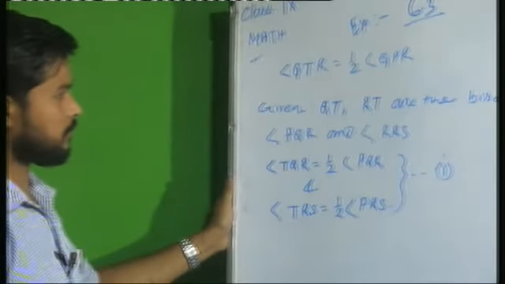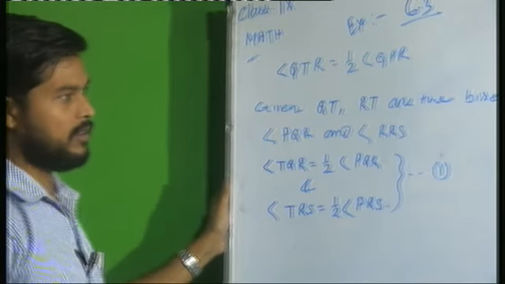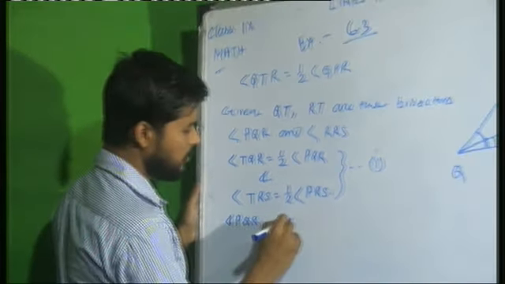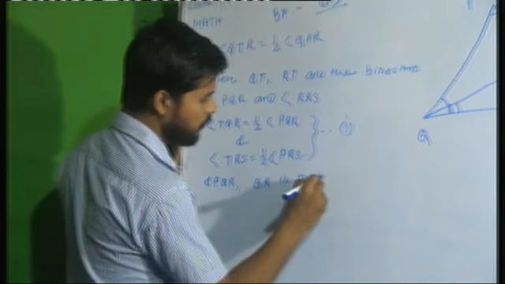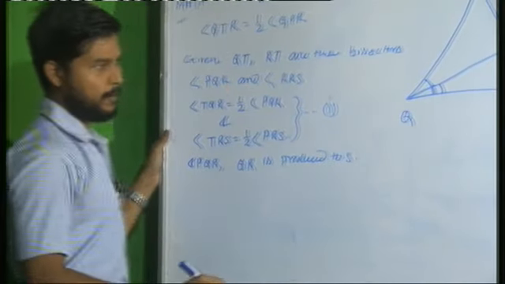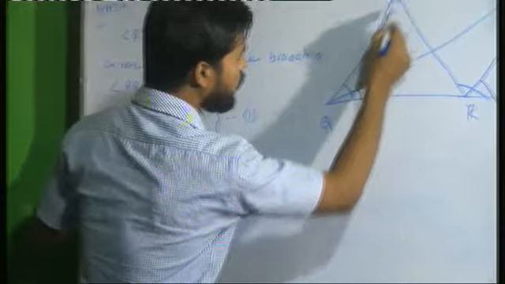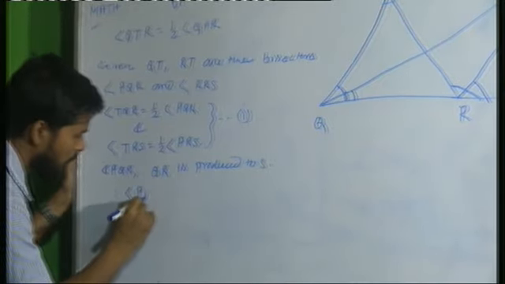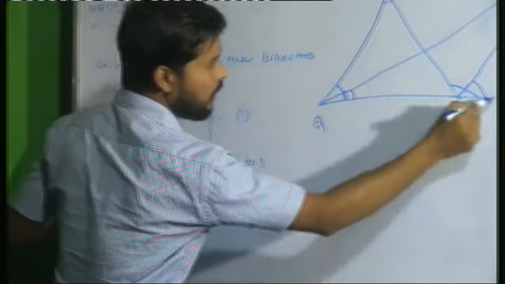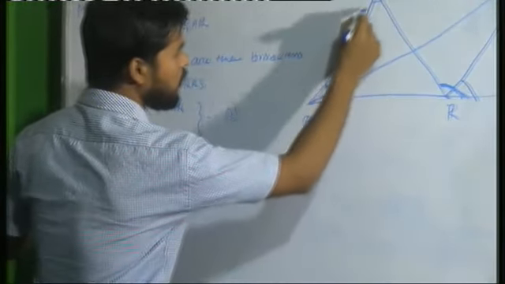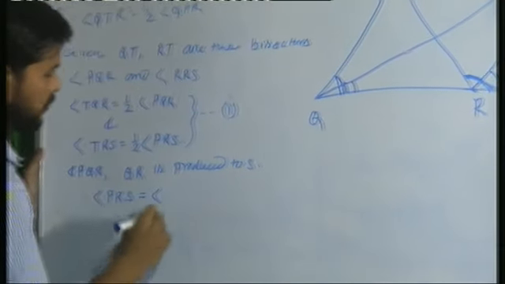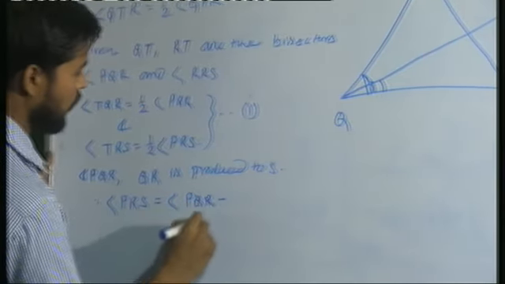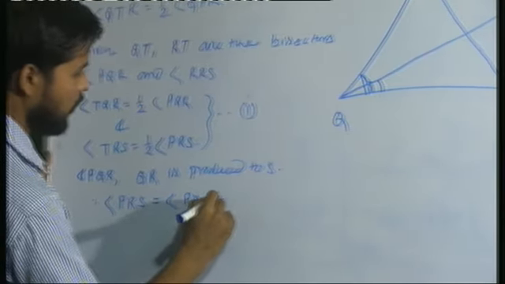Now consider the triangle PQR, whose one side QR is produced to the point S. Then we know the exterior angle is the sum of the interior opposite angles. So the exterior angle PRS is equal to the sum of angle PQR plus angle QPR.